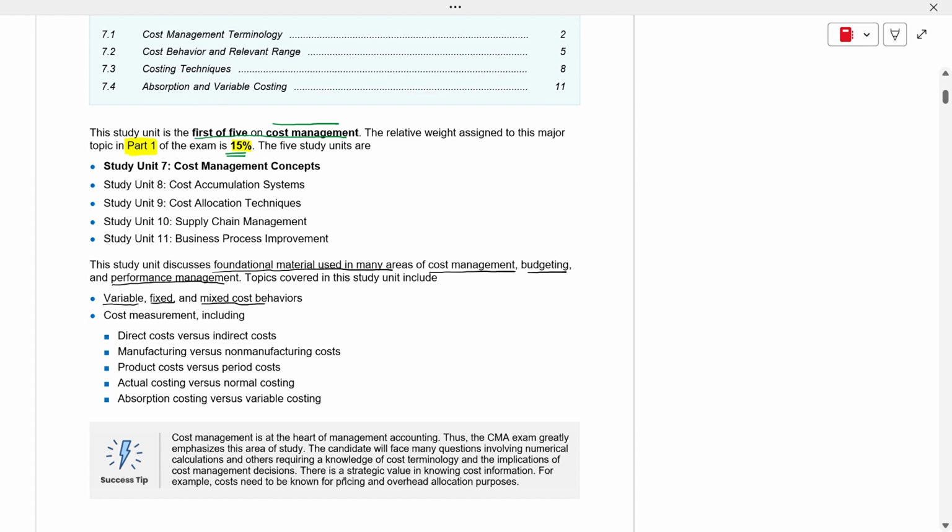Then you have the direct cost, the indirect cost, the manufacturing cost and non-manufacturing cost, the product cost, the period cost, the actual cost, normal cost, and absorption costing versus variable costing. These are the basic fundamentals.